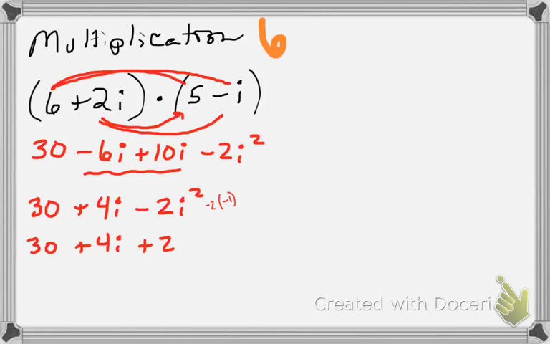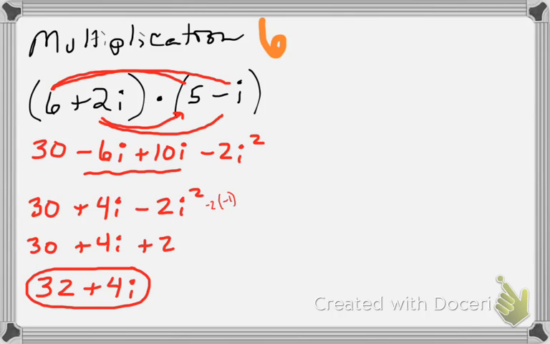And so minus 2i squared becomes plus 2. And that can then be added to the 30. So the final answer is 32 + 4i.